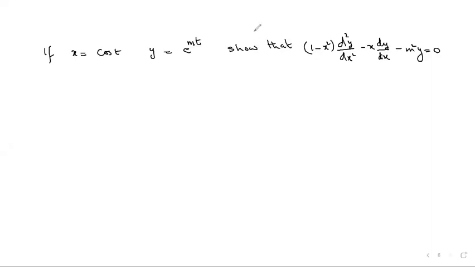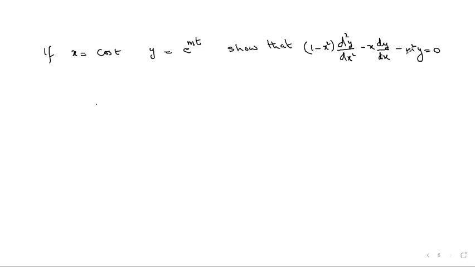What are you planning to do in this problem? Speak out. Whatever comes to your mind, tell me. How will you proceed with this problem? So first we find dx by dt, then dy by dt. Chirag, did you notice that the answer does not contain t terms? Yes, sir. Then dy by dx.